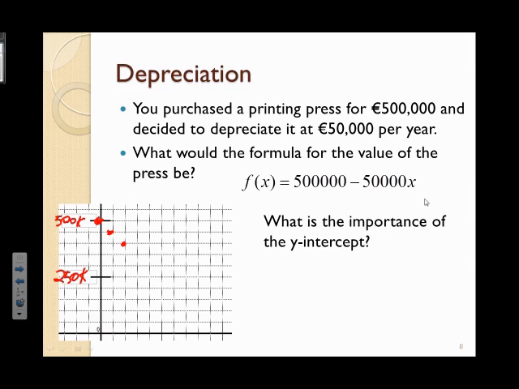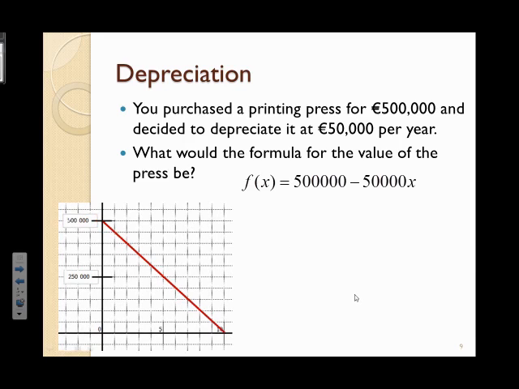The end of the second year, the third year, and this line is going to depreciate, something like that. We'll make a better, more accurate graph of this shortly. Now, if we're looking at this, what is the importance of the y-intercept? Well, hopefully this is relatively clear, that the 500,000 is simply the original purchase price.